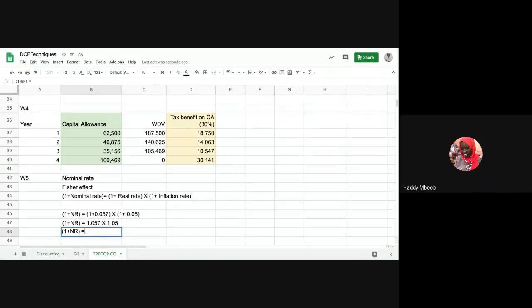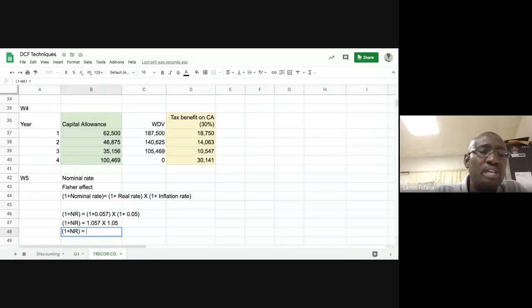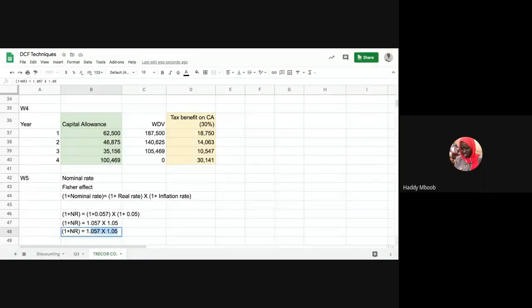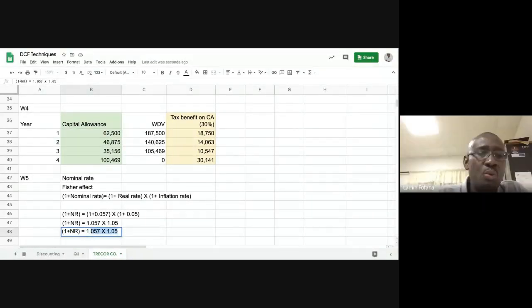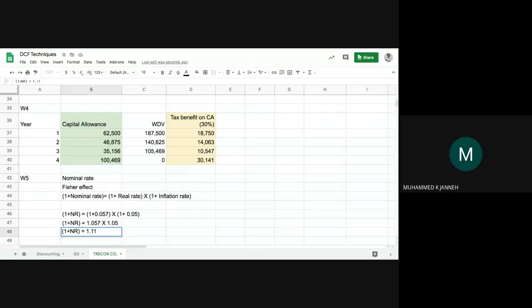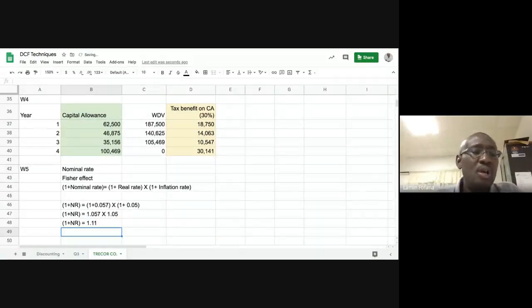How much do you get? Well, that's 1.10985. So that is to 4 decimal places. Take it to 2 decimal places: 1.11. Good. So 1 plus NR is equal to 1.11.